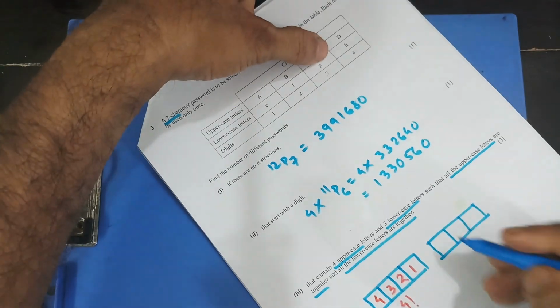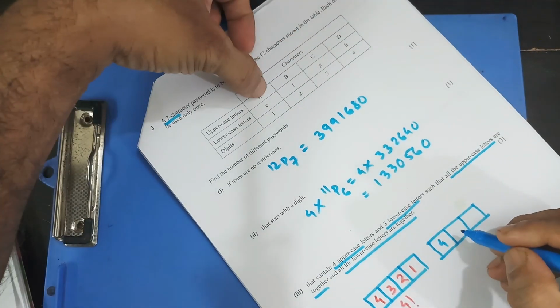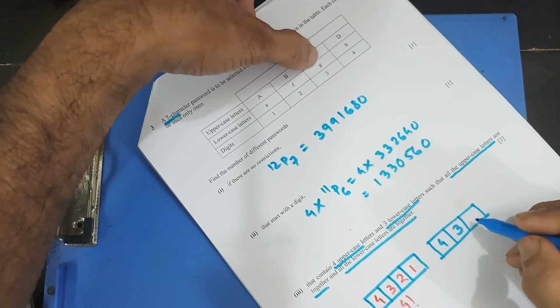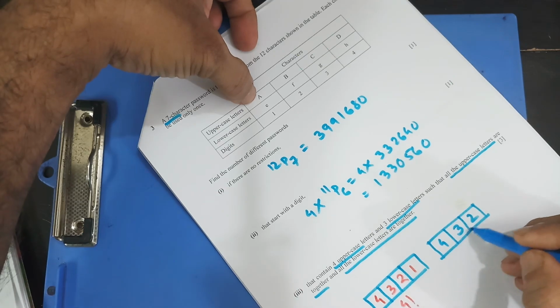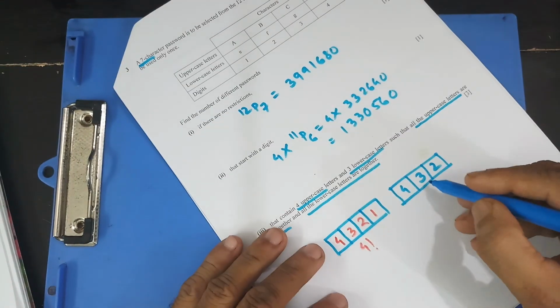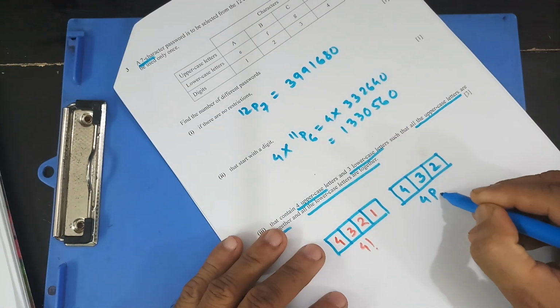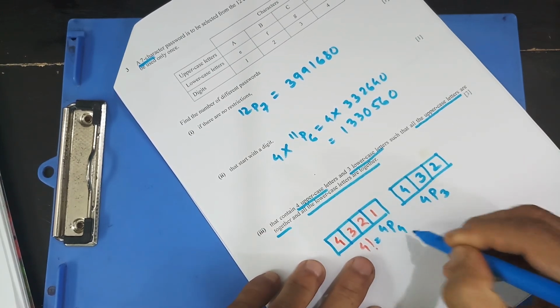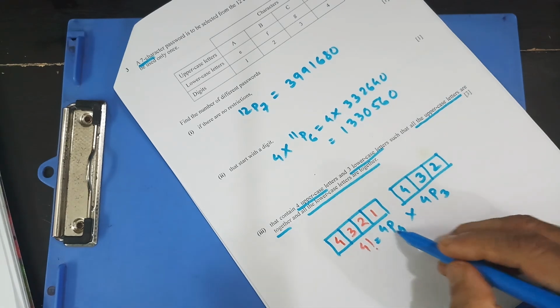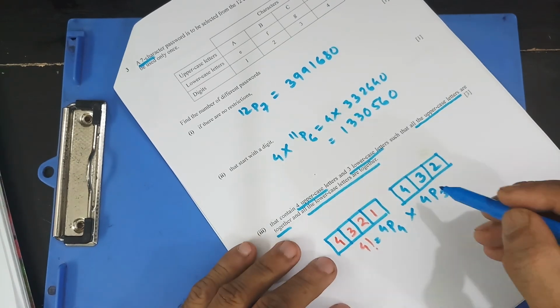So E, F, G, H. First one I have 4 choices. Second one I have 3 choices. Third one I have 2 choices. Okay, now this one is 4P3. And this one you can write down, I hope you know, 4P4. So this 4P4 and 4P3. But think about it.